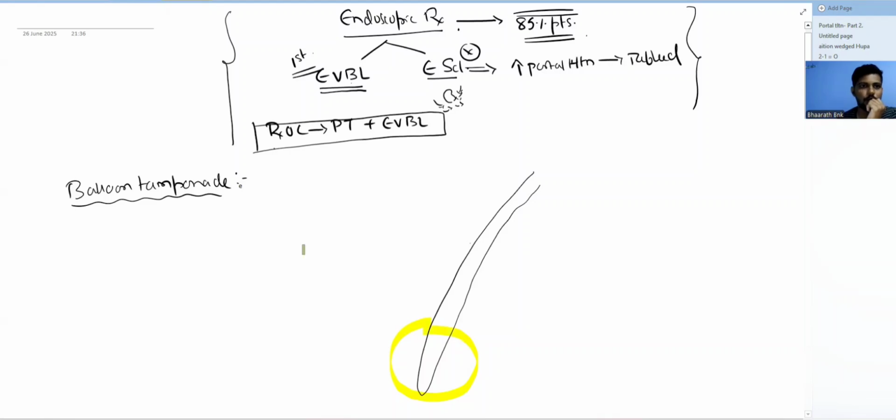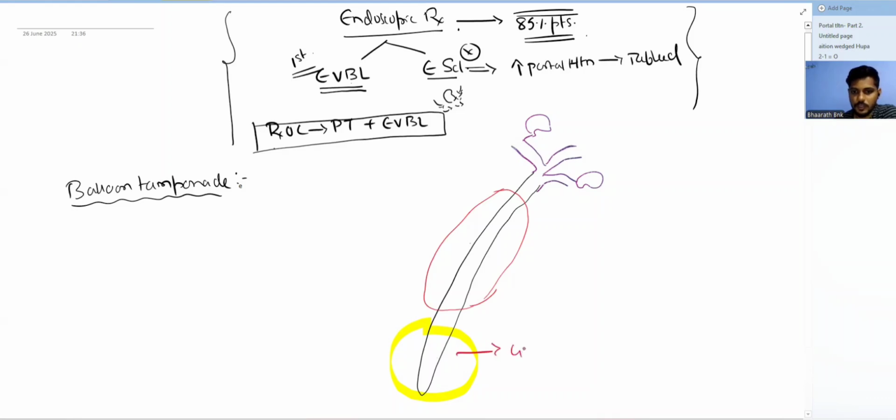One was a gastric balloon and the other was an esophageal balloon. The esophageal balloon had a separate chamber for its inflation. The gastric balloon had a separate chamber for its inflation, and both of them had a measuring meter, right?